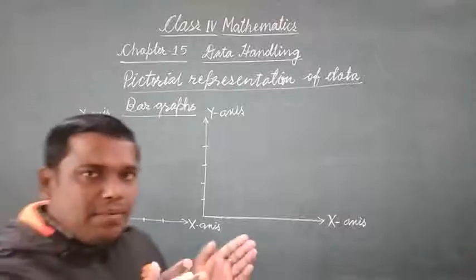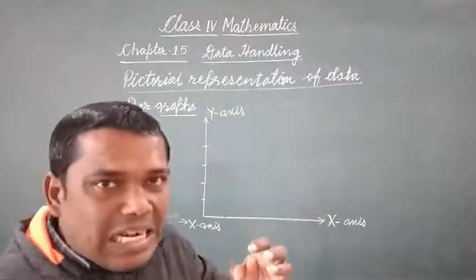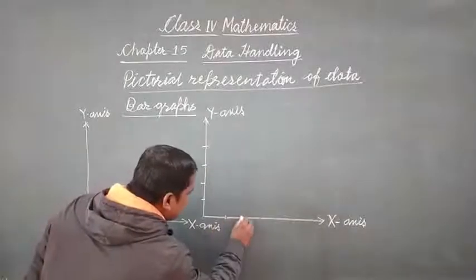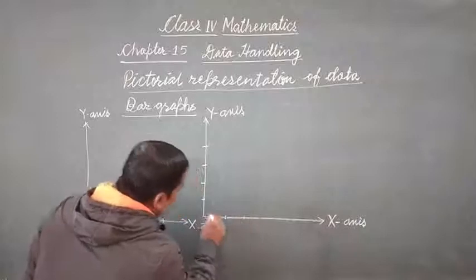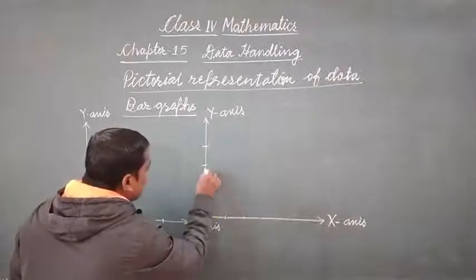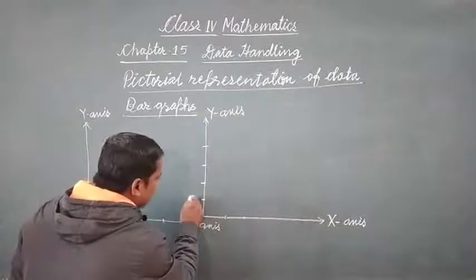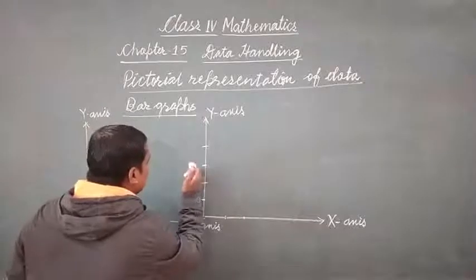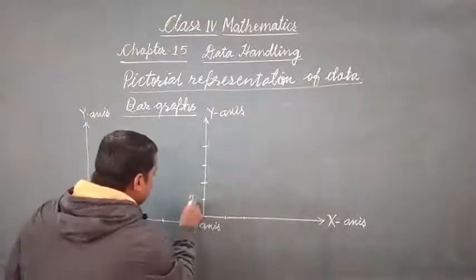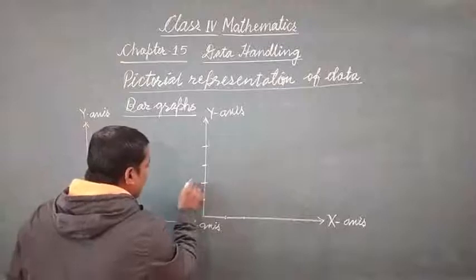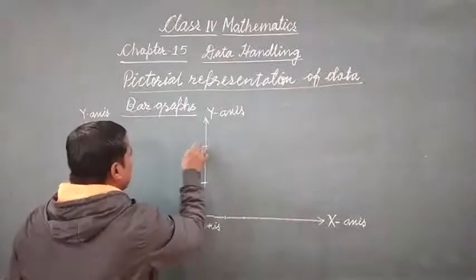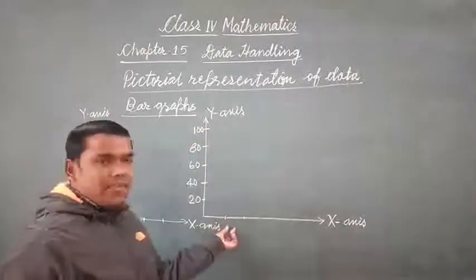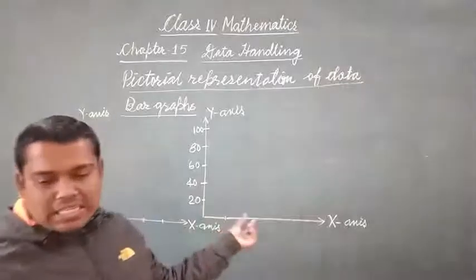So when I have to draw a vertical bar graph, I will take the number of students on the vertical axis. Suppose here it is 20, 40, 60, 80 and 100.